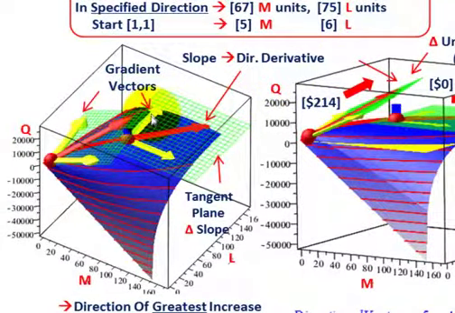These yellow vectors are our gradient vectors, and we take that times the unit vector for material and labor. So you determine what your gradient vectors are, then you come up with the unit vector for material and labor. You take a dot product, or multiply those times each other, and that gives you your directional derivative, or the change in output at that specific point you're looking at.